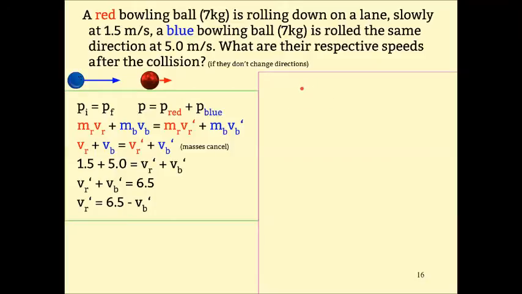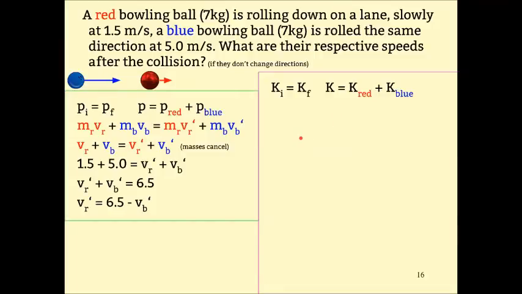Now, because it's an elastic collision, I'm going to look at the conservation of energy. So the initial energy is equal to the final energy. And of course, just like the momentum, the kinetic energy is equal to the sum of the two respective energies.